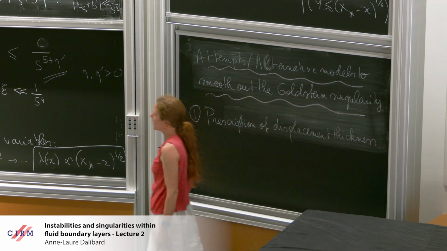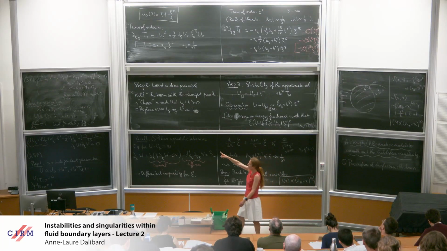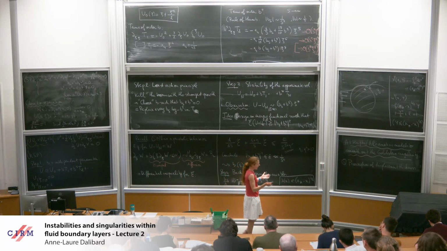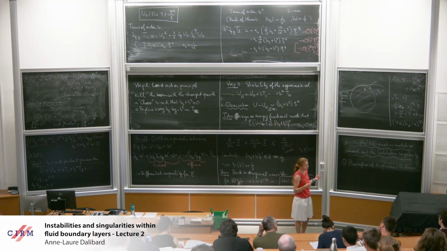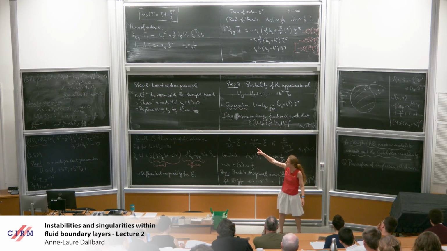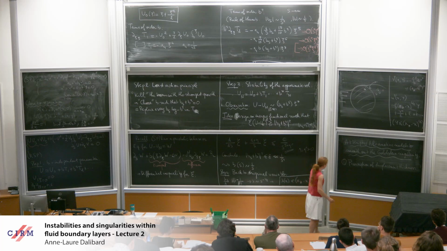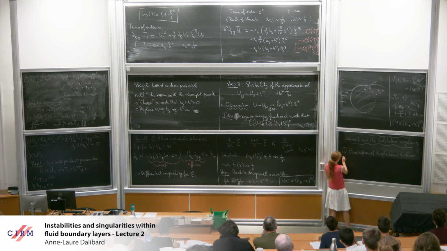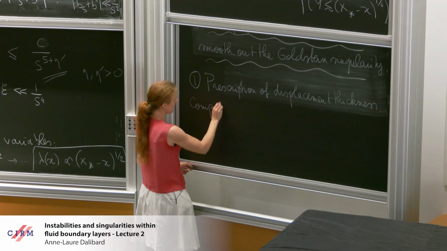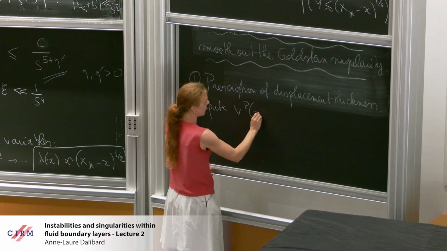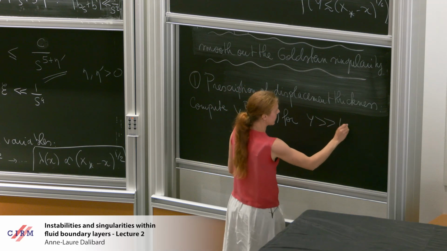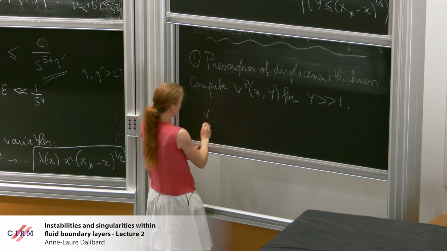The idea is that in the Prandtl system, instead of prescribing the Euler velocity UP at infinity, which would be U infinity, you prescribe something else, probably less intrinsic. Also, you don't prescribe the pressure in this way. The idea is based on the following computation. When you compute the VP of X and Y for Y very large, you have two terms.